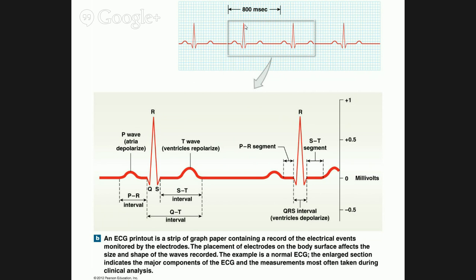The peak from one QRS complex to the next QRS complex is basically the interval from one heartbeat to the next. That's the easiest thing to see on EKG. And this is all on graph paper.